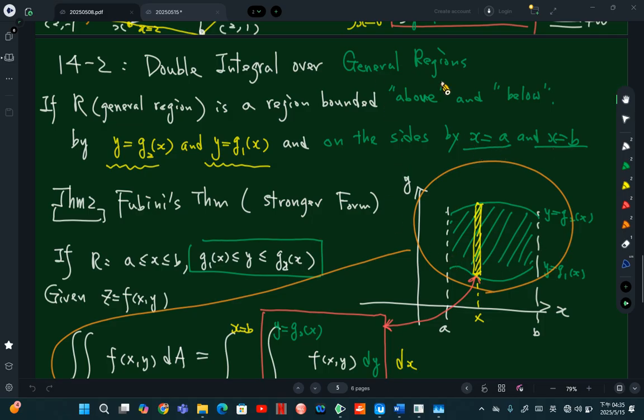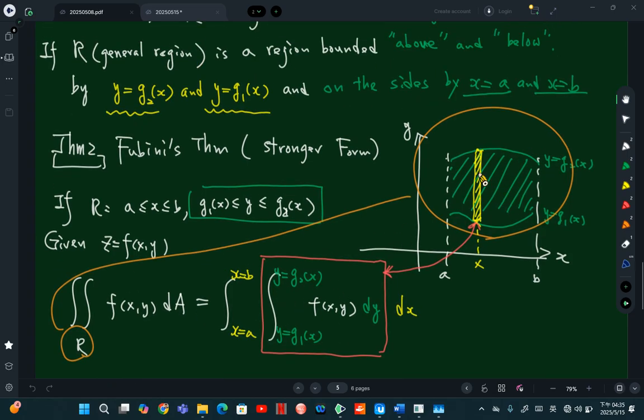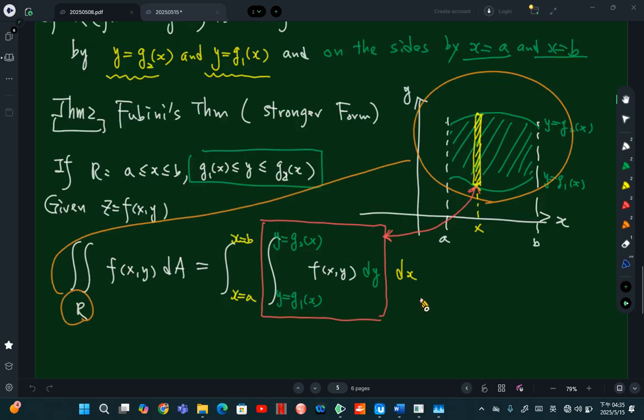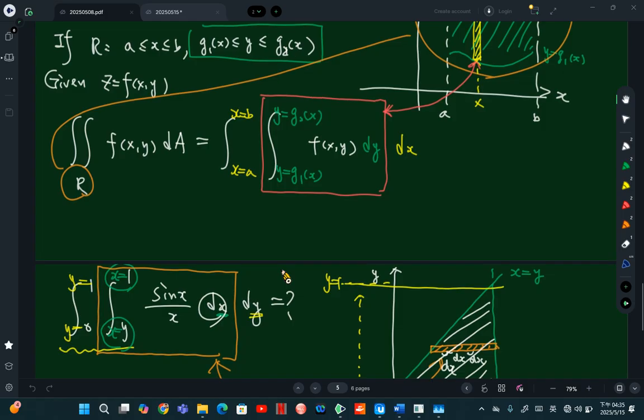So this is a general region. In such a case, the general form should be like this one, because your region is bounded by these two curves and also these two constants. So you will integrate with respect to y first, then x after.